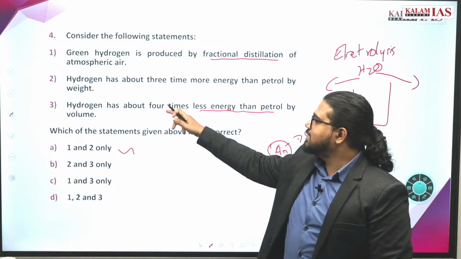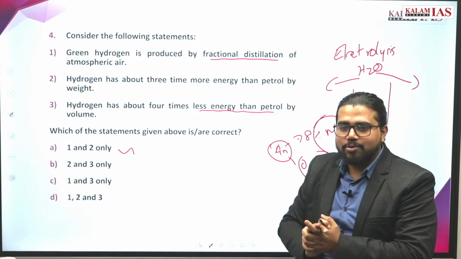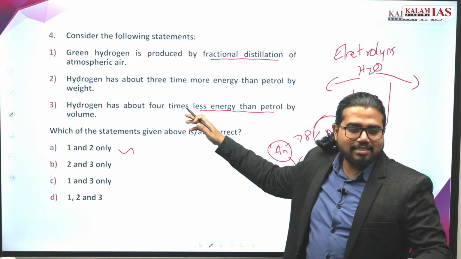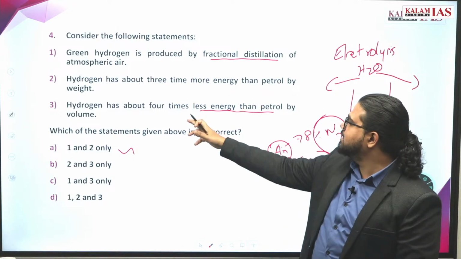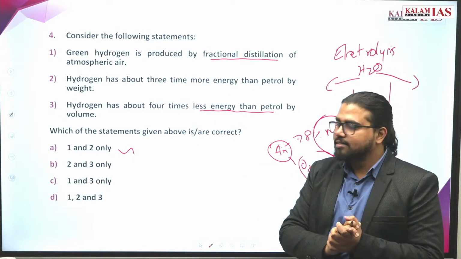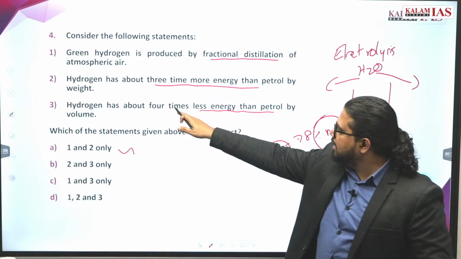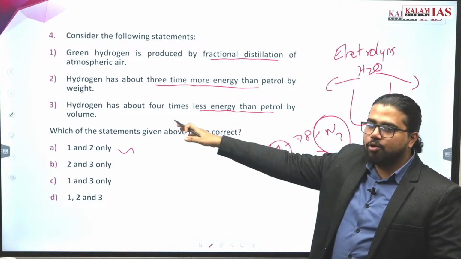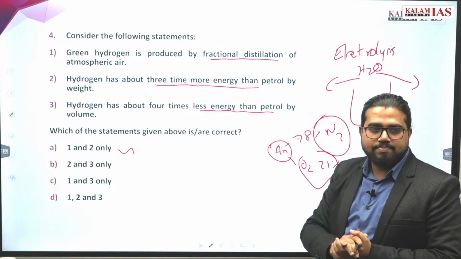If you go by these statements, they are very confusing. If you know, then you know. Otherwise, if you depend on these statements, it becomes very tricky. Hydrogen has of course 3 times more energy than petrol by weight, but it has very low density. So by volume, its energy level is much lower compared to petrol.